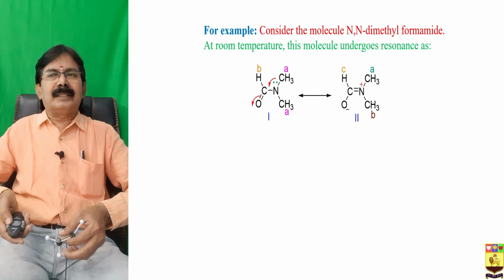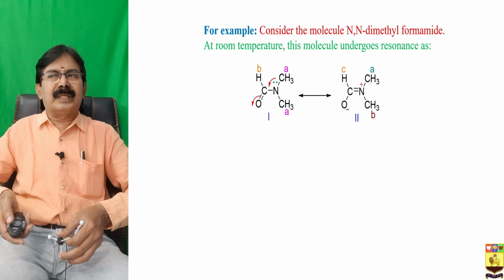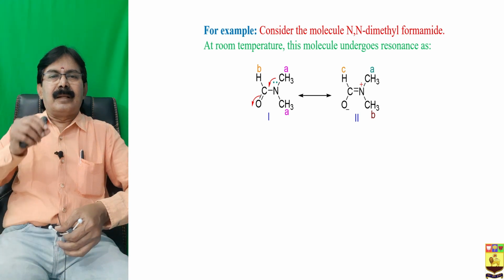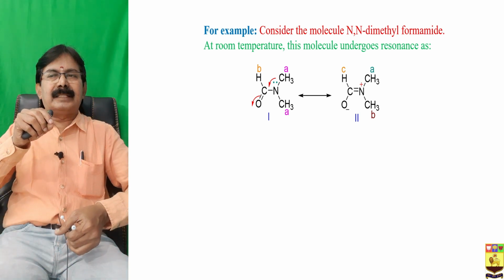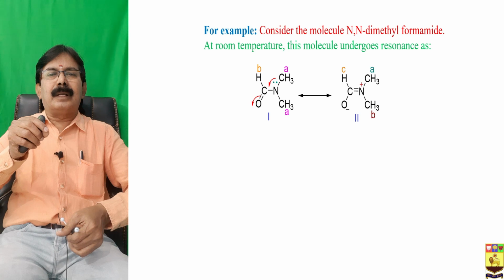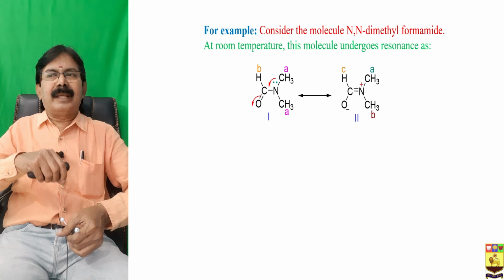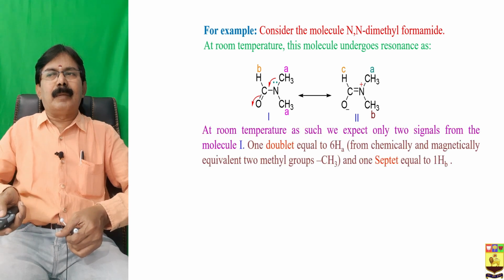For example, consider the molecule N,N-dimethylformamide. The lone pair on the nitrogen undergoes resonance, making the carbon-oxygen double bond pi electrons delocalize. That gives a double bond character.